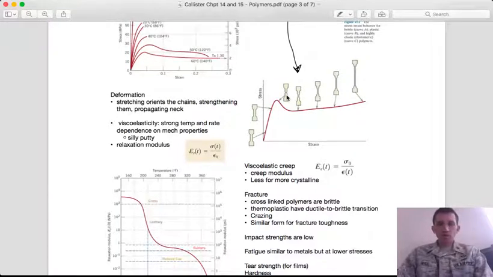And so what you see is at the neck, that becomes the strong point, and you get deformation at every point along your gauge section until you've essentially deformed the entire length, and then you get fracture.